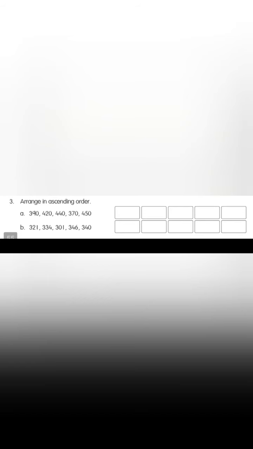Let us start the third main, that is arrange in ascending order. Ascending order means arranging the numbers from the smaller number to the bigger number. Here, first you have to read out the numbers: 390, 420, 440, 370, 450. So which is the smallest number? 370.